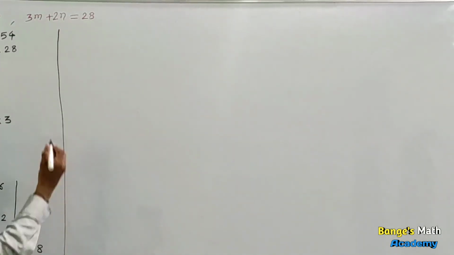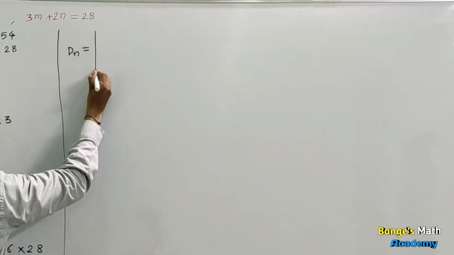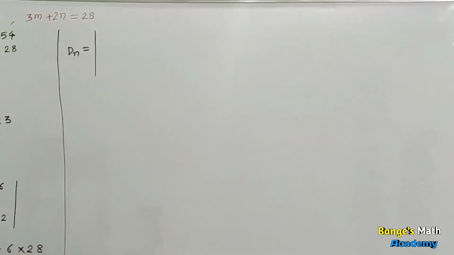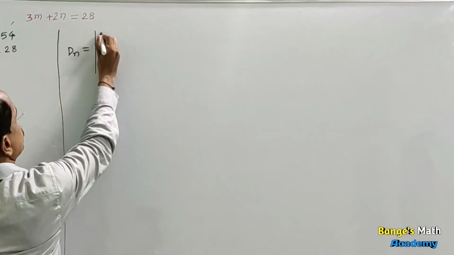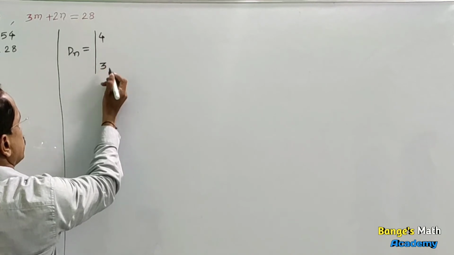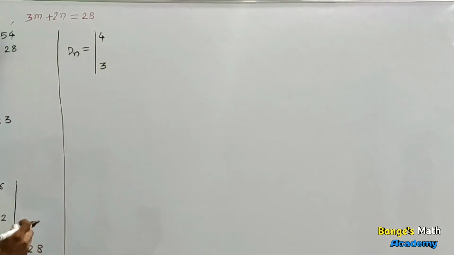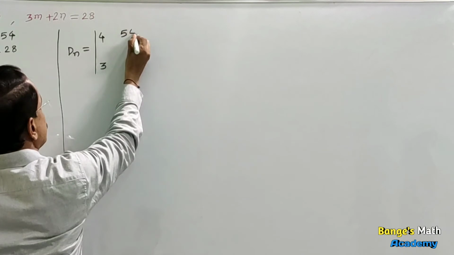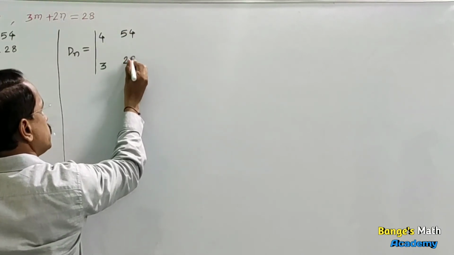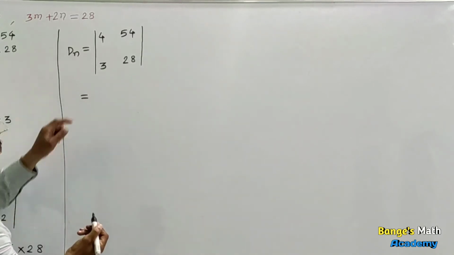Then find value of dn is equal to, in first column write down coefficients of m: 4, 3, and in second column hide the coefficients of n and replace it by constant term 54, 28. Then simplify this.